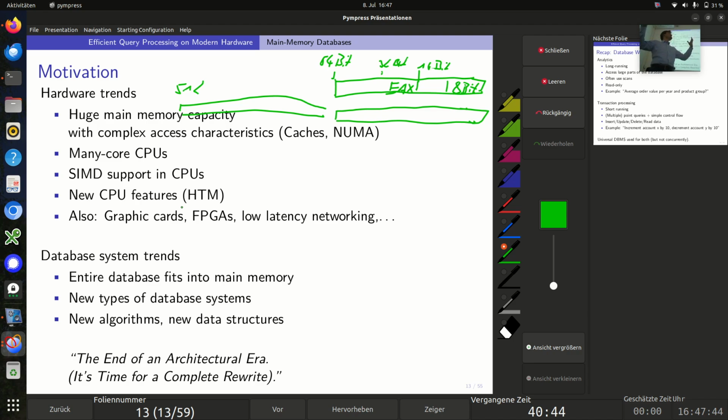So we do not need a database system anymore, but have instructions to do it all at the CPU. They were introduced, and I think they ensure atomicity for up to 8 CPU instructions. Some CPUs actually support it.